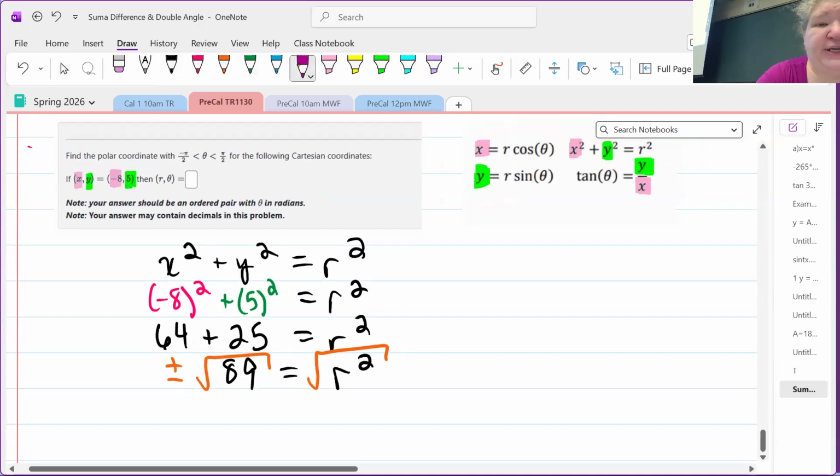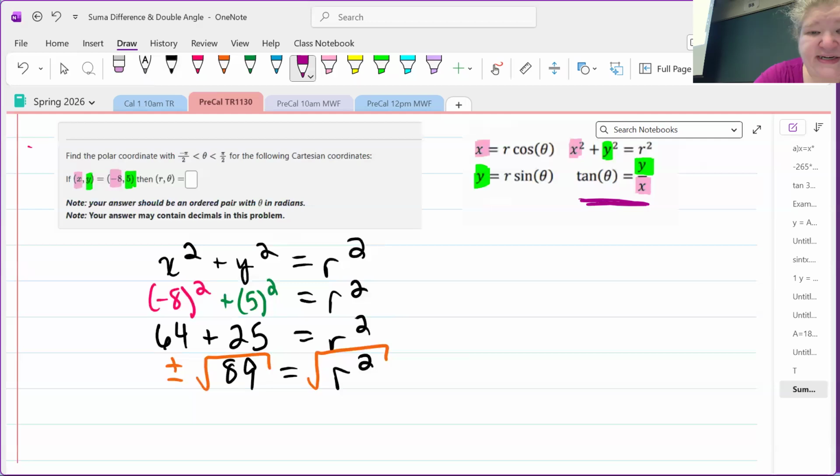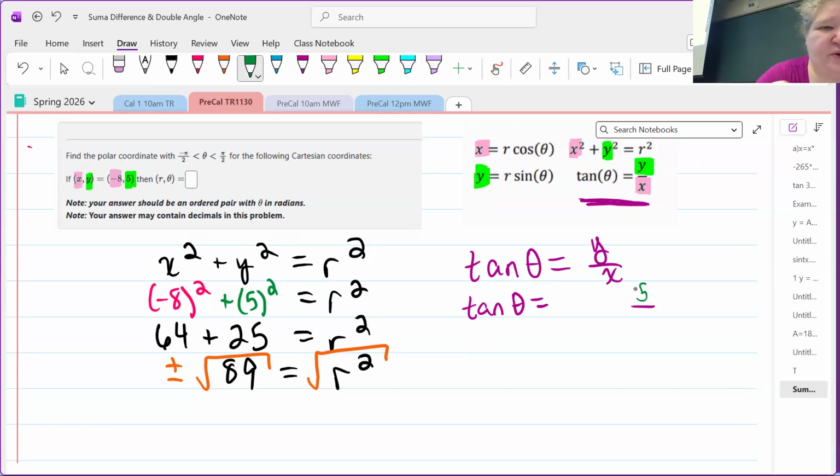All right, now we're going to use the other formula that had y and x in it to find theta. So the tangent of theta is y over x. So tangent of theta equals, leave some space. My y value is 5 over my x value is -8. And to get theta by itself, I'm going to use inverse tangent.